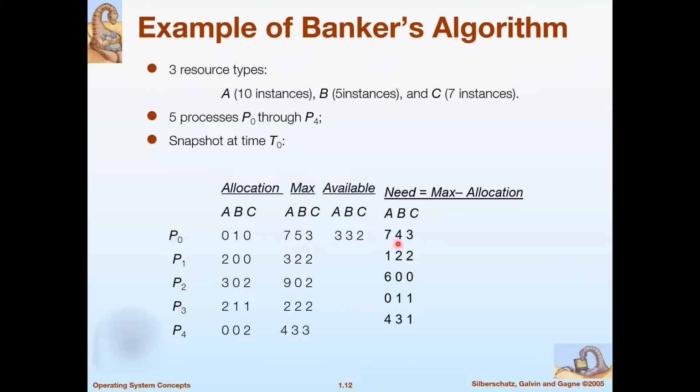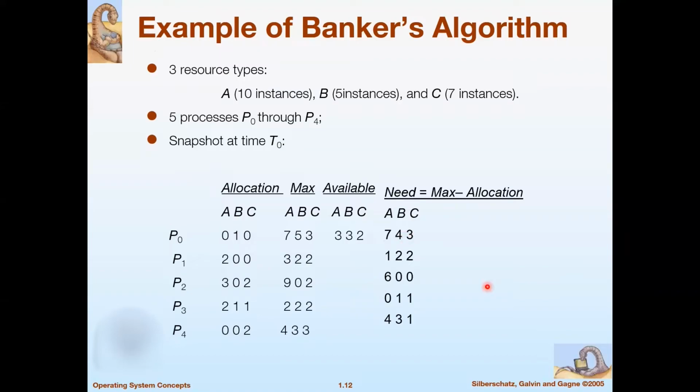That means need will be 753 minus 010, that is 743. In a similar way, we calculate P1, P2, P3 and P4. So this is our need matrix which we calculated from our given maximum and allocation data structures.